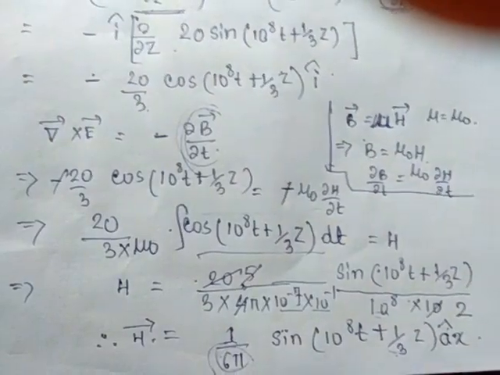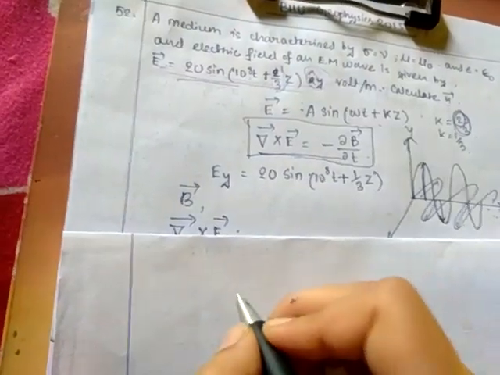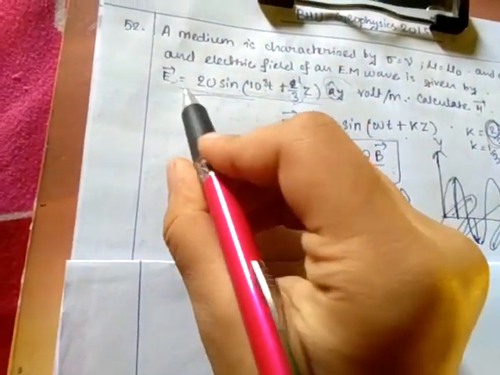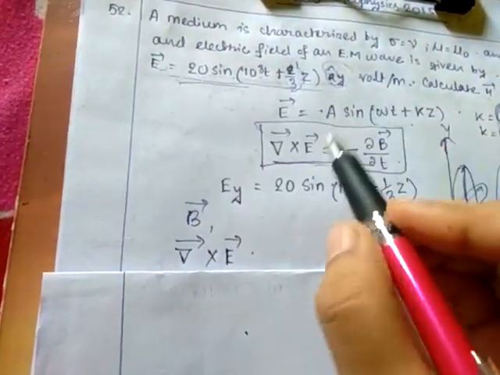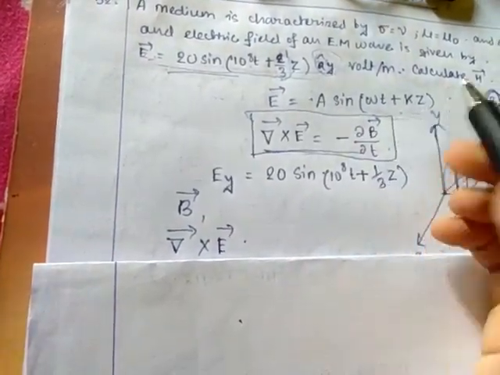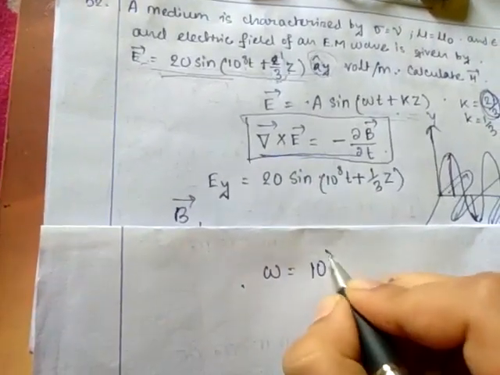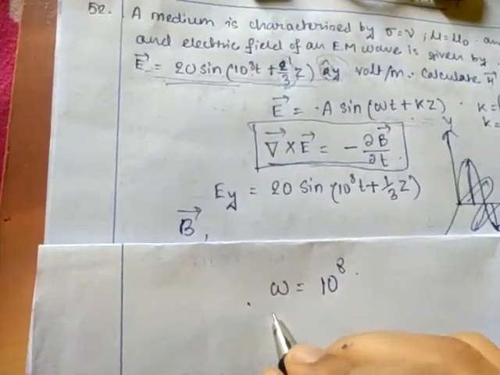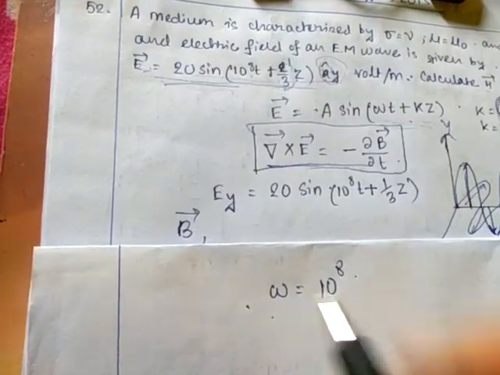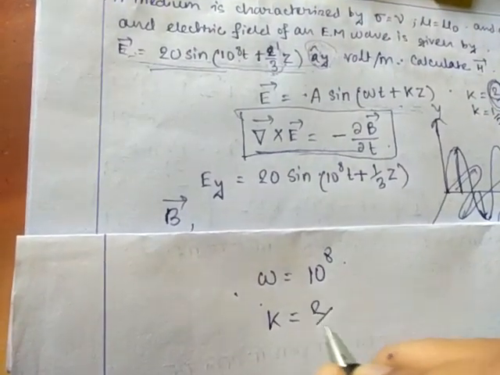So now I am explaining why it is so. If we compare this equation with the general equation, E vector equals a sin(omega t + kz), here omega equals 10 to the power 8 and k becomes 2 by 3.